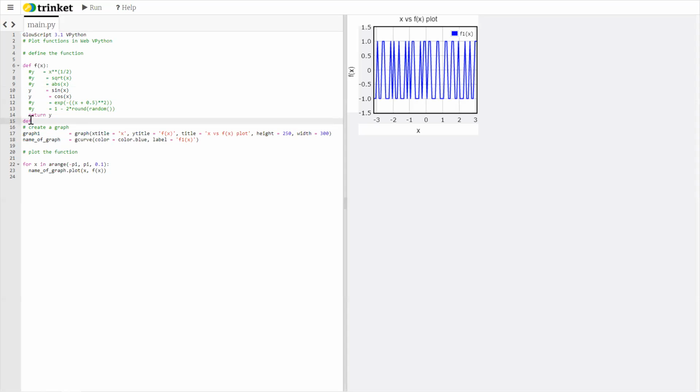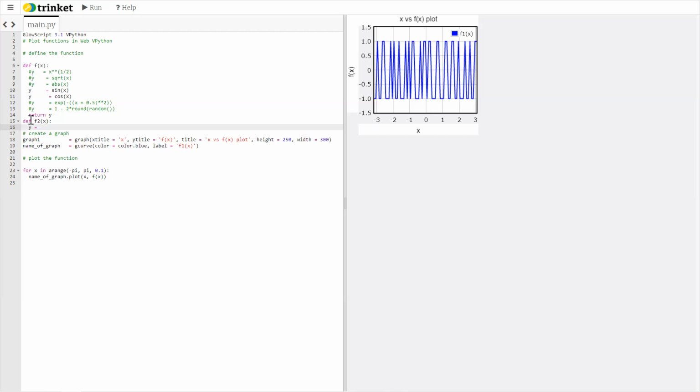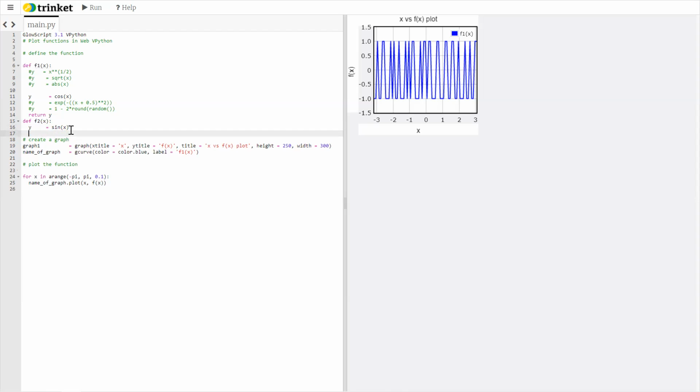Let's define f2 with y equals sine x. So we remove the function here, this becomes f1, then return y2, return y1.